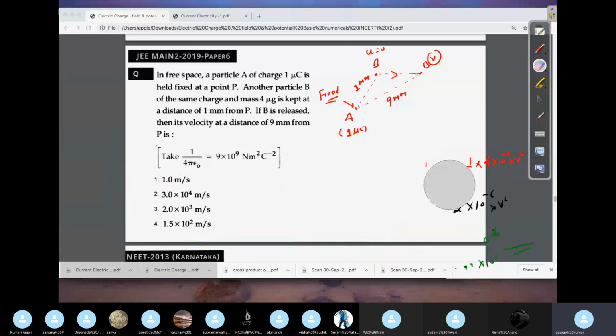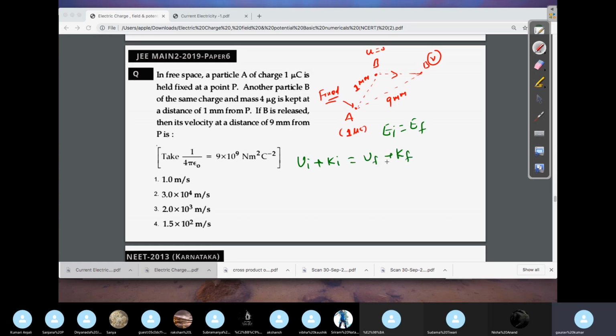Another way of solving the same question can be like this. We can apply conservation of energy. Initial energy and final energy will be the same. Initial energy you will have Ui plus kinetic energy, equals Uf plus kinetic energy, right?